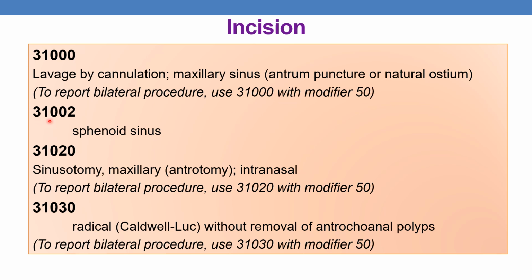The next CPT is 31002. It deals with lavage by canaliculation sphenoid sinus. The next is 31020. Sinusotomy maxillary, antrotomy intranasal. And to report a bilateral procedure, use 31020 with modifier 50.